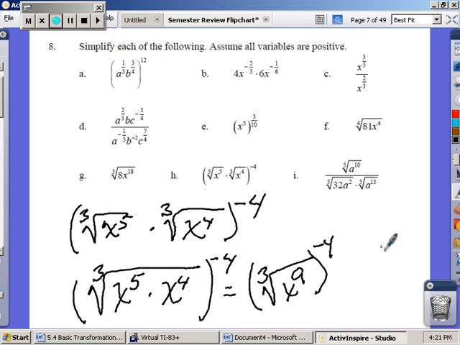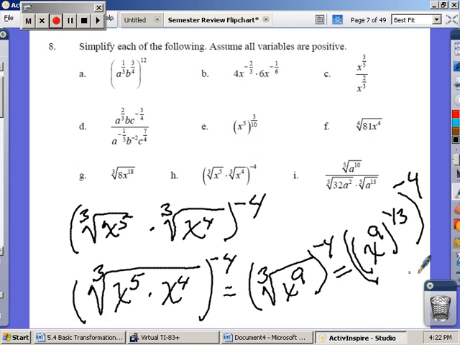to the negative 4th. Now, the cube root of x to the 9th can be rewritten as x to the 9th to the 1/3 to the negative 4th. Now you have exponents all being multiplied, so let's use our calculator.